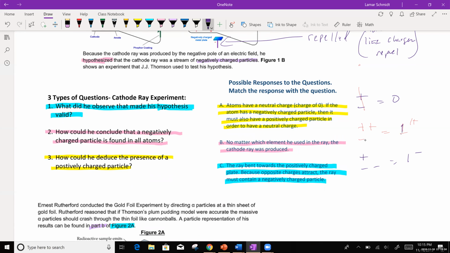With 1 plus and 1 minus, those cancel, so you're left with nothing and get a charge of 0. That is the idea behind if there's a negatively charged particle, there must be a positively charged one if the atom is neutral, and they knew that the atom was neutral.